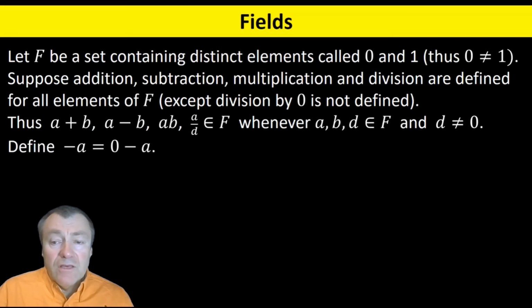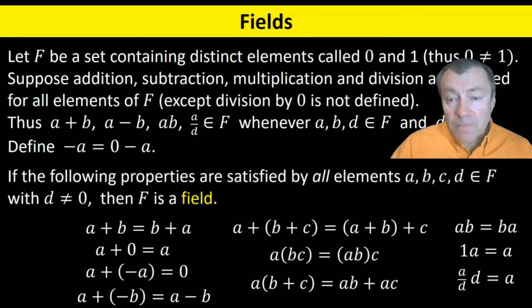As before, we introduce a unary operation, mapping a to minus a. This is, however, shorthand for 0 minus a. And we require the following list of properties to hold universally. This list extends the list of properties from the slide about rings. Note in particular that we now require 1 to be a two-sided identity for multiplication.